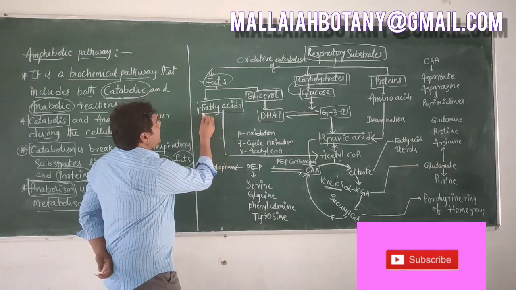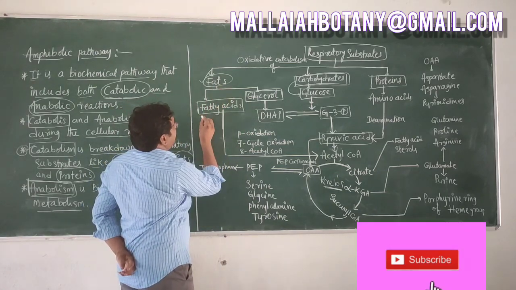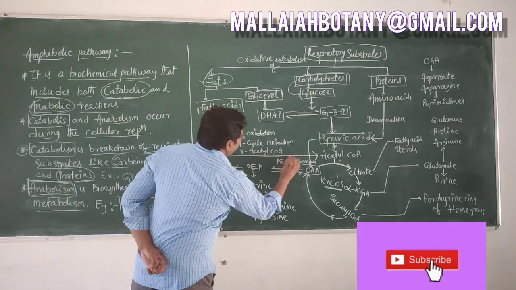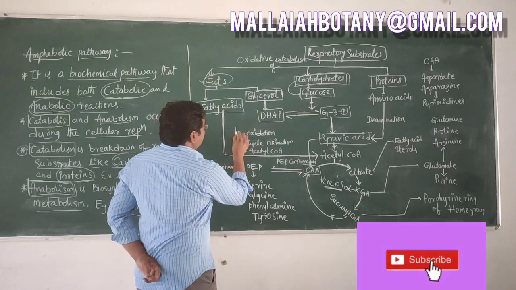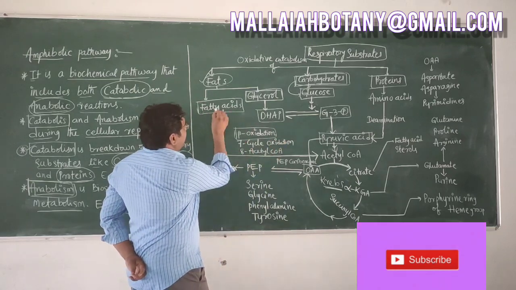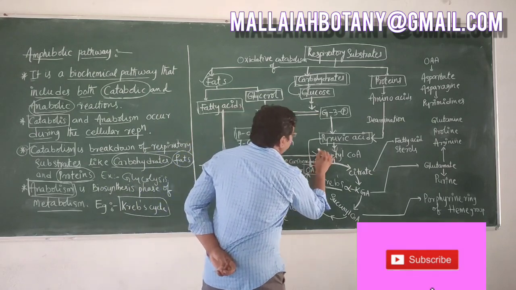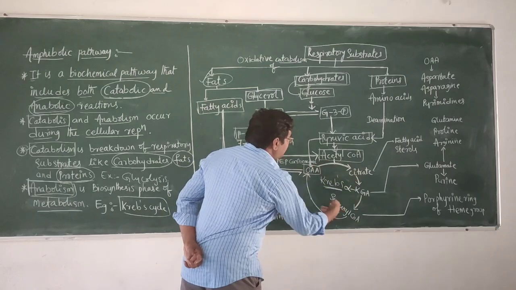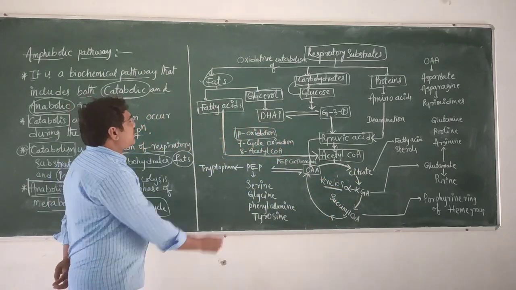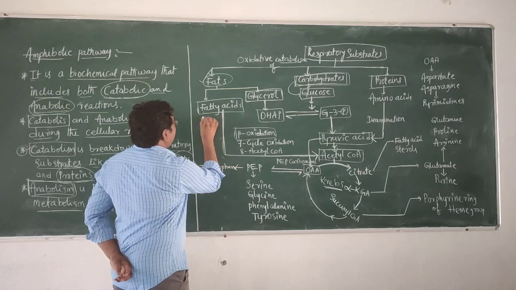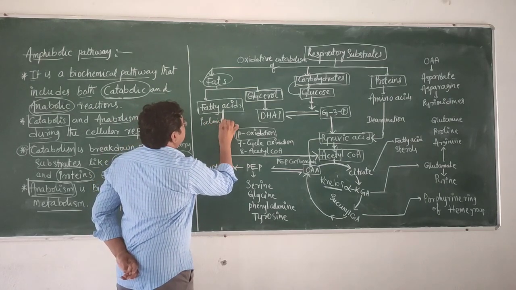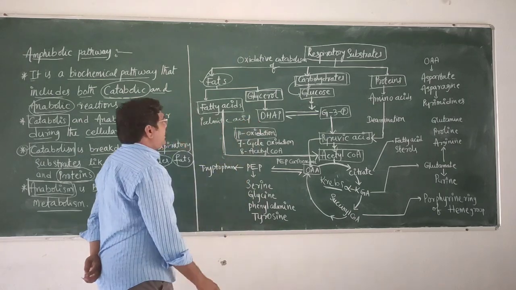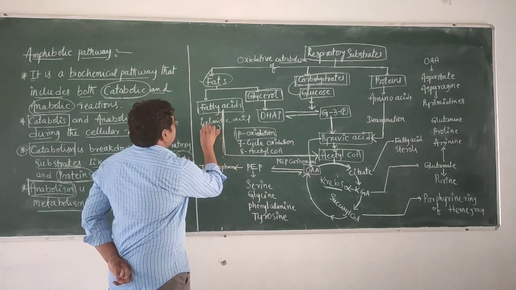Next, fatty acids are formed as an end product of the oxidation of fats. By the beta oxidation process, the fatty acids are converted into acetyl-CoA, which enters the Krebs cycle. For example, palmitic acid is a fatty acid that contains 16 carbons.